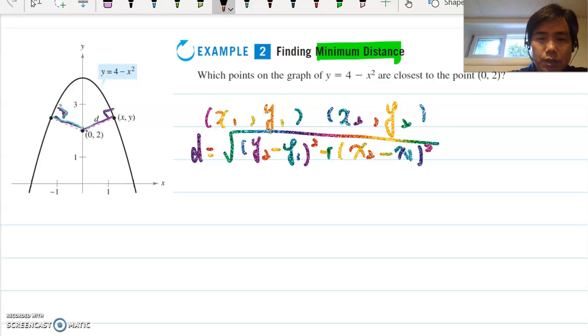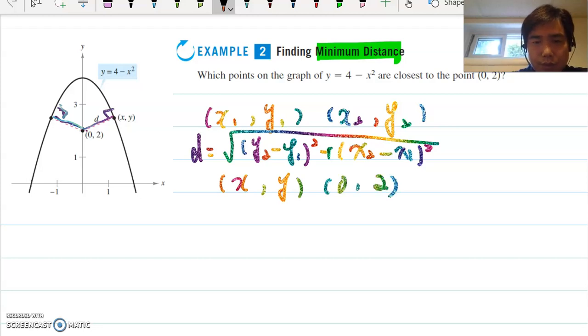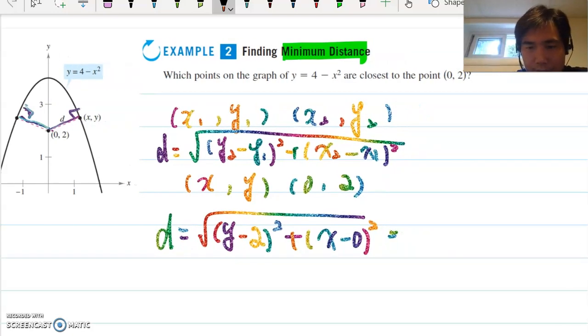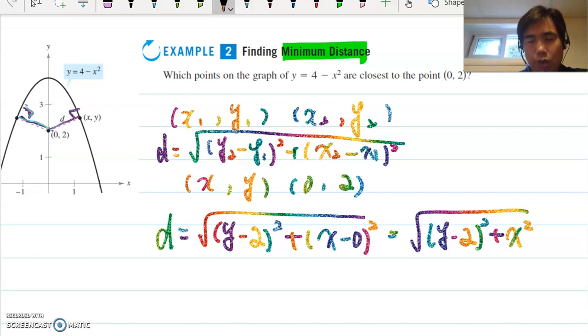Okay, so in this case we have 2 points, x, y, and then 0, 2. So distance we can make square root of y minus 2 squared plus x minus 0 squared, which means square root of y minus 2 squared plus x squared. That will be the distance formula for this function.